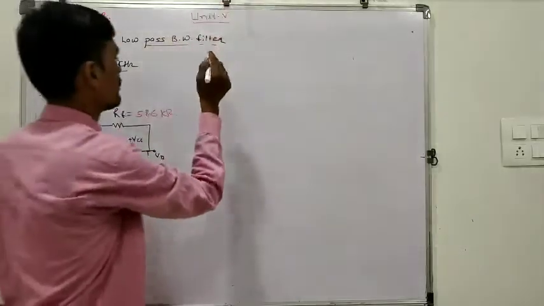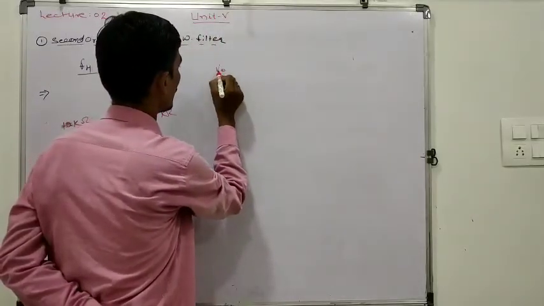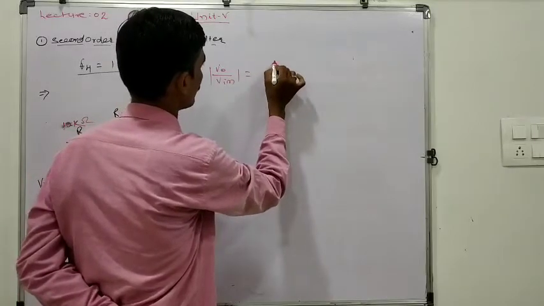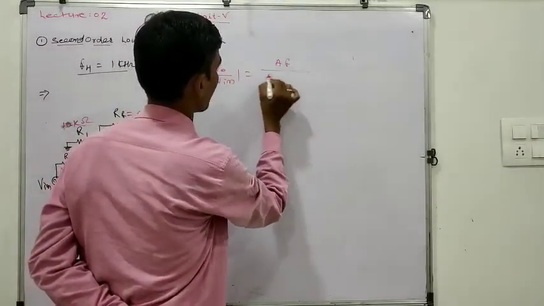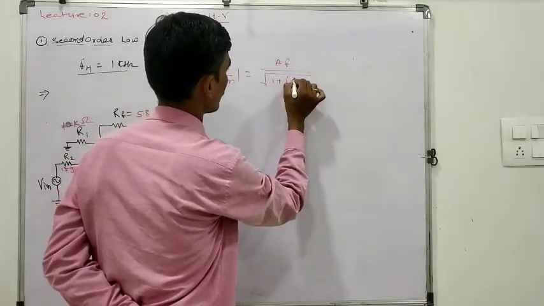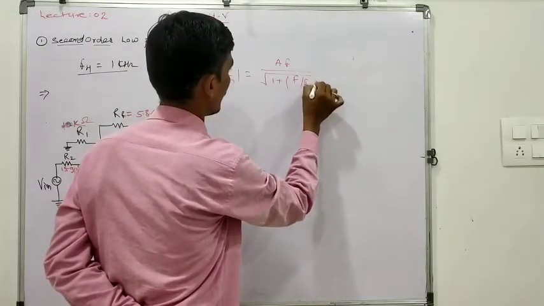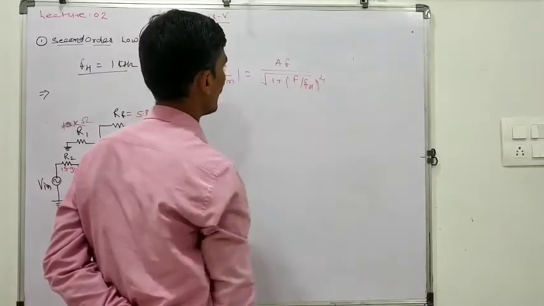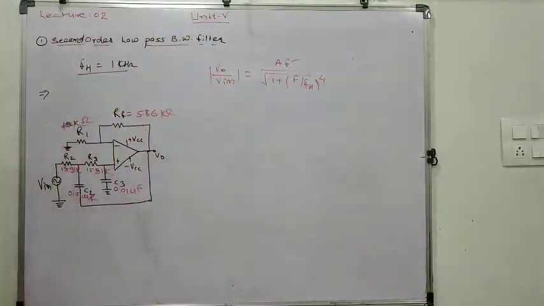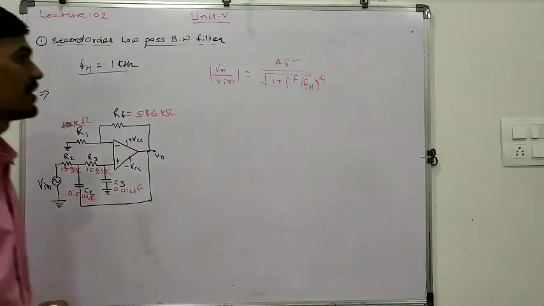The transfer function for the second order filter, VO by Vin, is equal to AF divided by under root of 1 plus (F divided by FH) raised to power 4. Now here, if we want to calculate AF, it is nothing but 1.586.